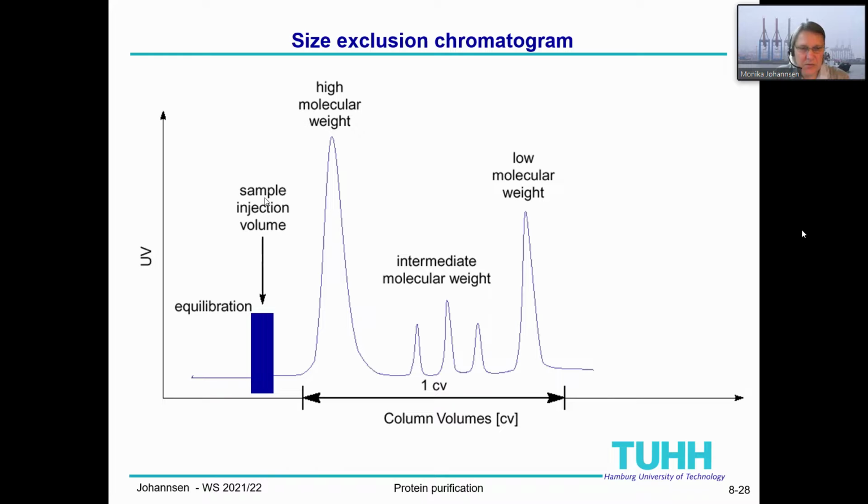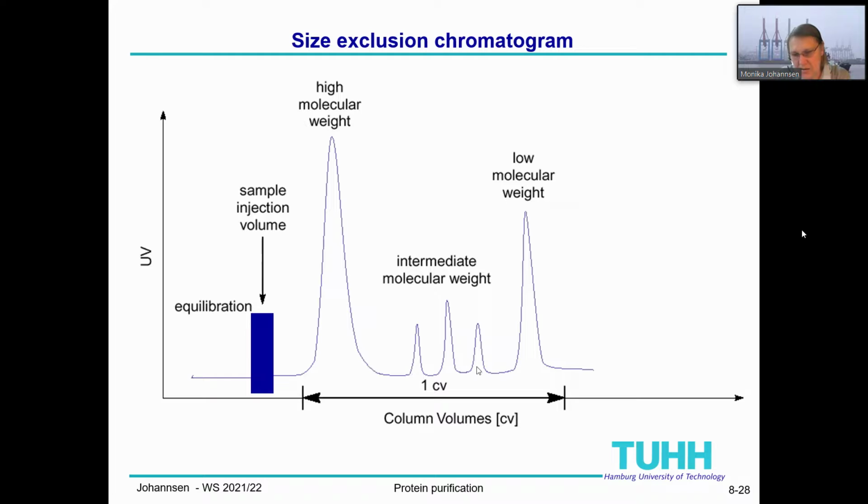Usually, after some equilibration where perhaps some impurities are diluted, the sample injection takes place, and then right after, everything with a very high molecular weight will elute. This is a mixture of different components which are not further separated from each other, but they all have a very high molecular weight.